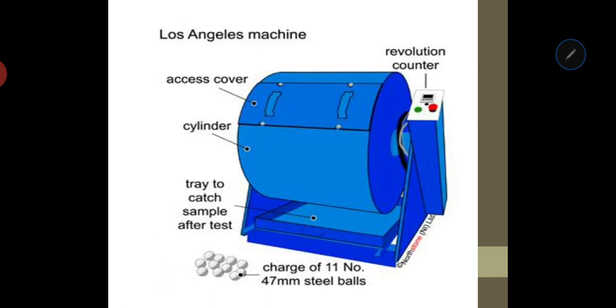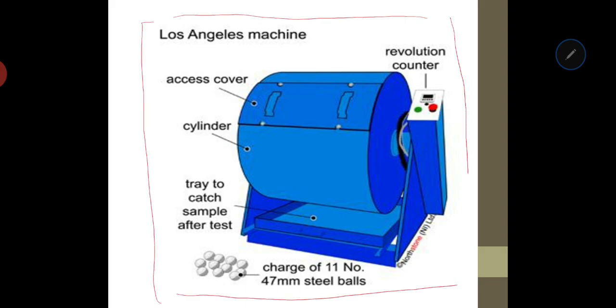So this is the Los Angeles machine. You put the aggregate inside the machine and it will test for the soundness and also the abrasion resistance.